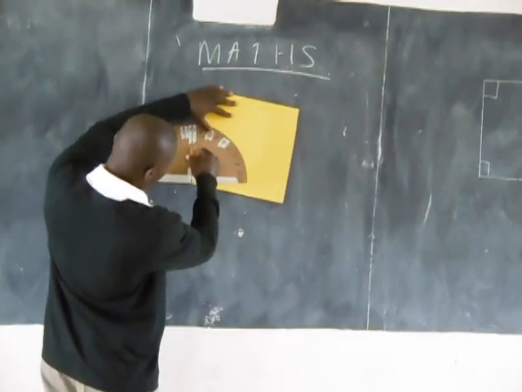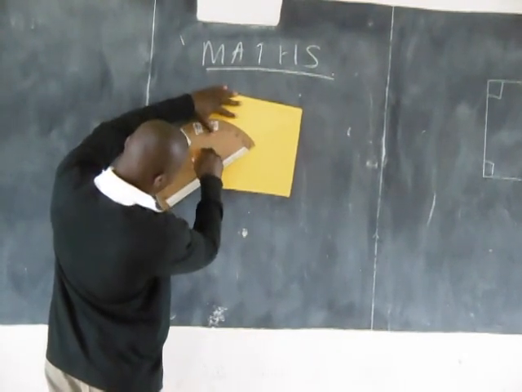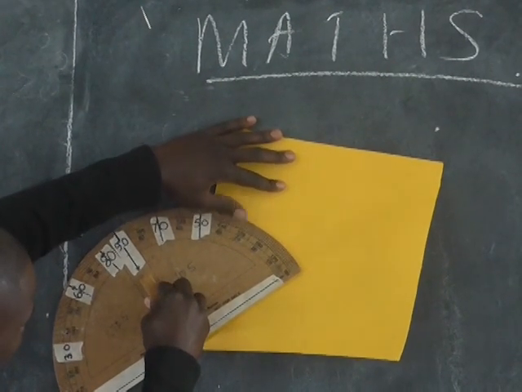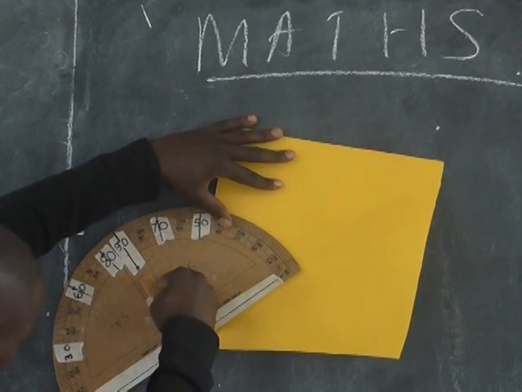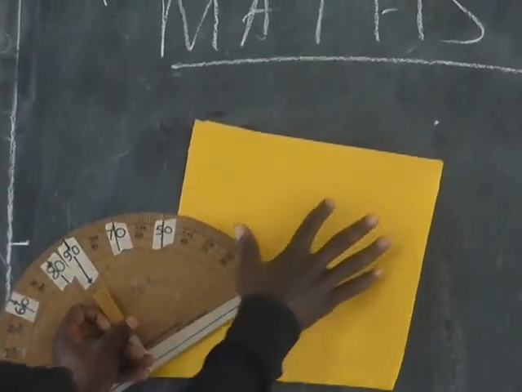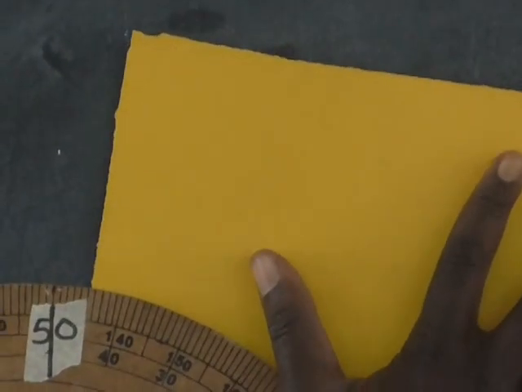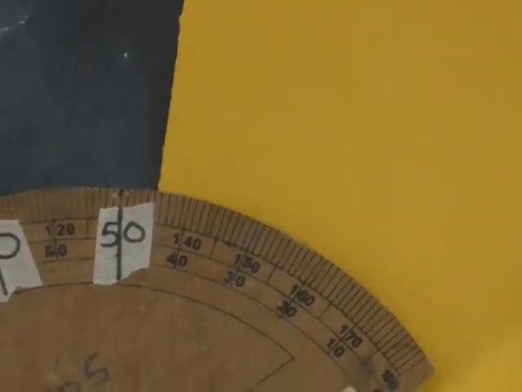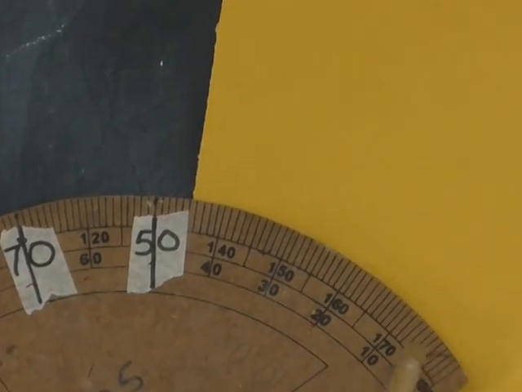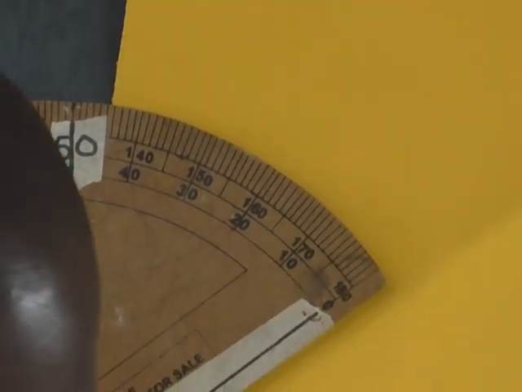Put it here, on that line. Yes. What do you get? You use the inner scale because we are using this one here.